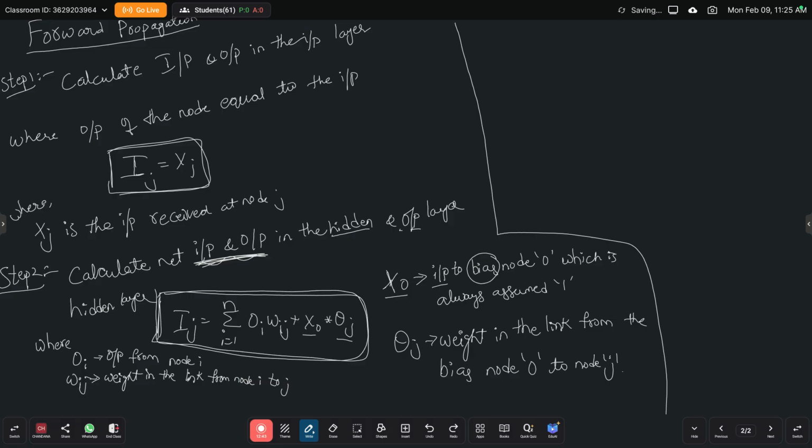Next, how to calculate the input and output for the output layer? Output at node J: Oj is 1 by 1 plus e to the power of minus Ij.